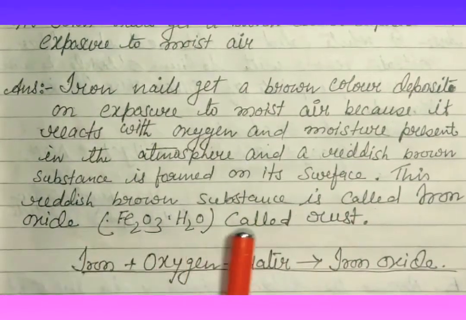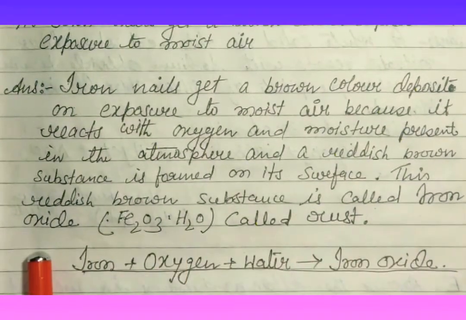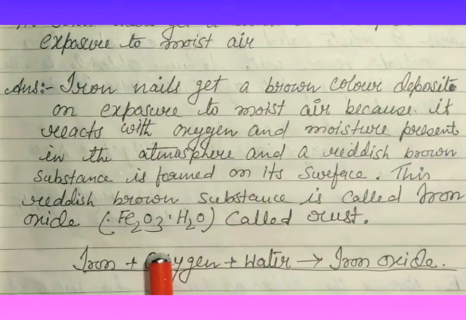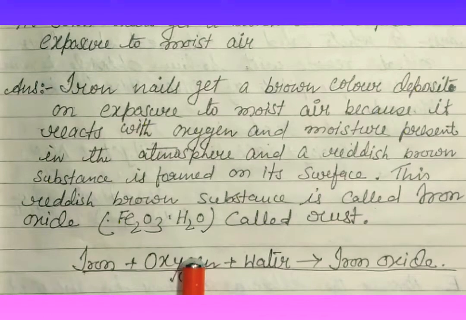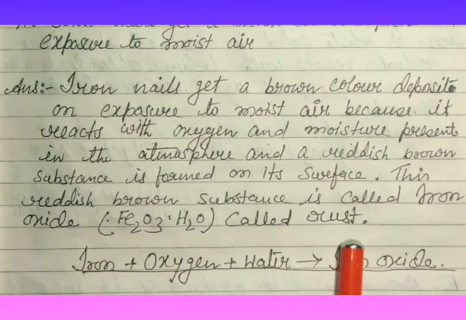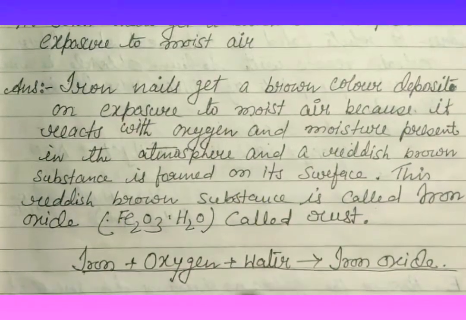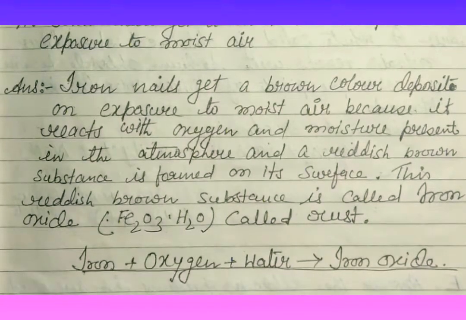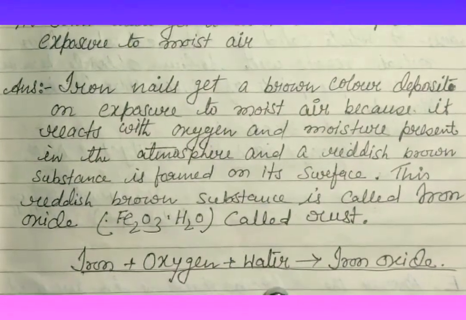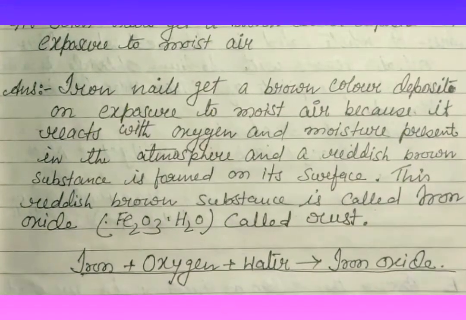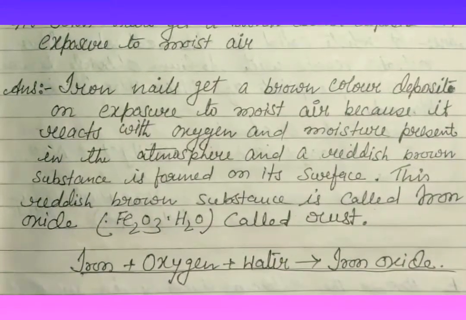This reddish brown substance is called iron oxide, its formula Fe2O3.xH2O, with water molecules. This is called rust. The equation is: iron reacts with oxygen and moisture, meaning water molecules, and the result will be iron oxide.